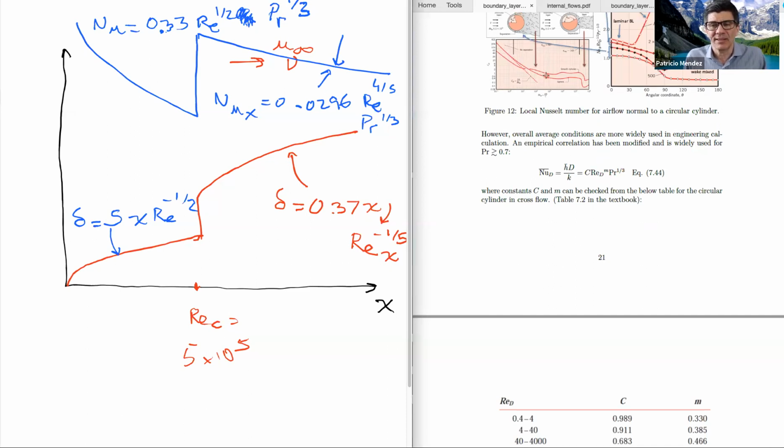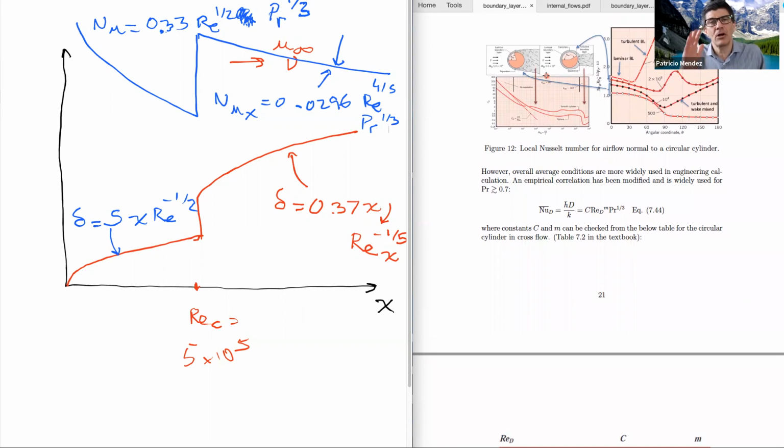In the sphere and the cylinder, what we saw is that it's slowly transitioning from laminar, and it always has a wake, right? Even at low Reynolds number. So as we increase the flow, the Reynolds number, we slowly transition from something that is mostly laminar to something that is mostly turbulent.